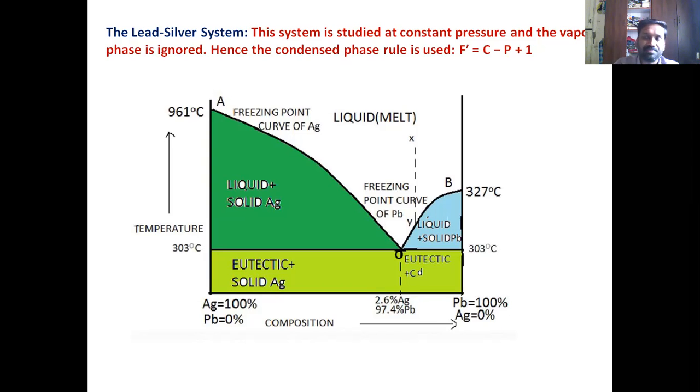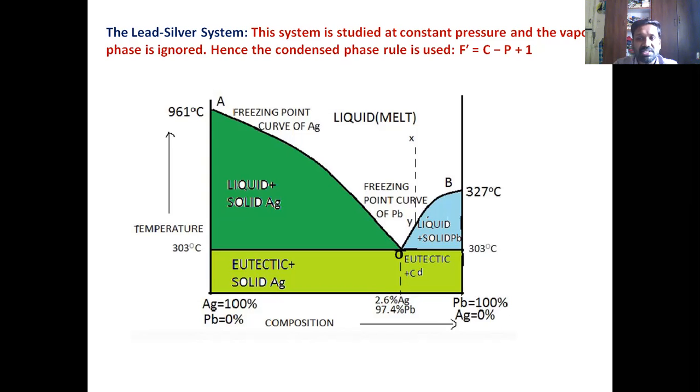Any other point represents alloys of different compositions. Now, if you bisect this line and take the midpoint, what is the composition there? Is it not 50% lead and 50% silver?